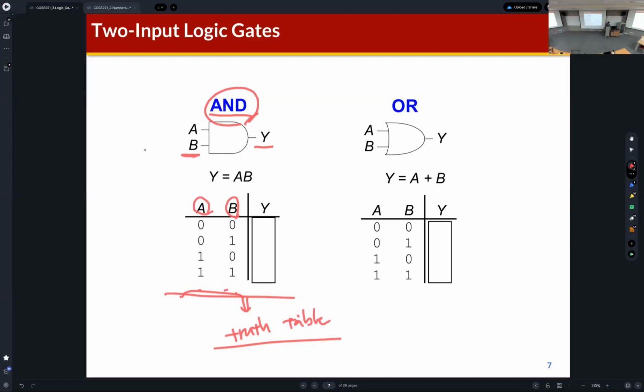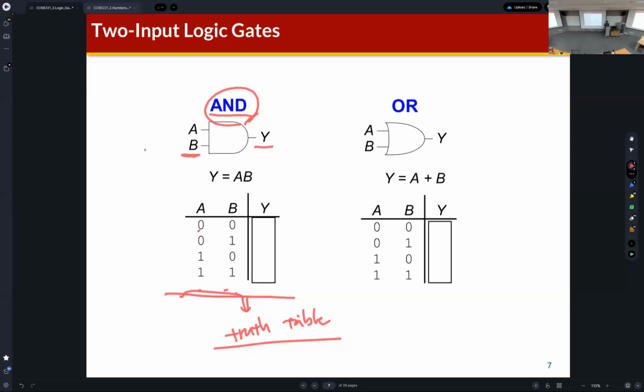Because there are two inputs, there are four different combinations of A and B: 0 0, 0 1, 1 0, 1 1. Then we can define the output Y based on these different input values.